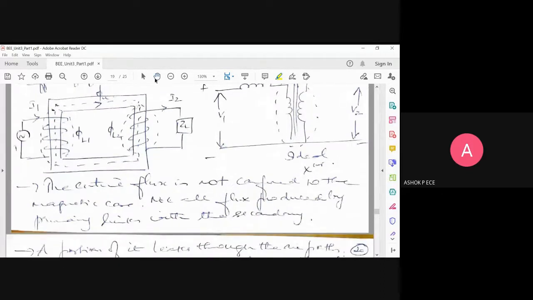The entire flux produced in the primary is not confined to the core. What does that mean? The entire flux is not linked to the secondary. For example, if 100 flux lines are produced in the primary, 100 flux lines should be linked to the secondary. That is the condition for zero flux leakage.